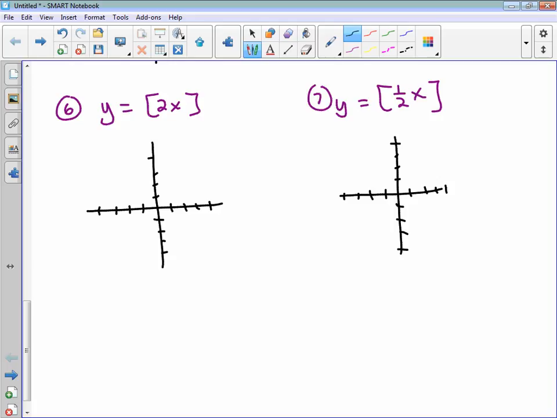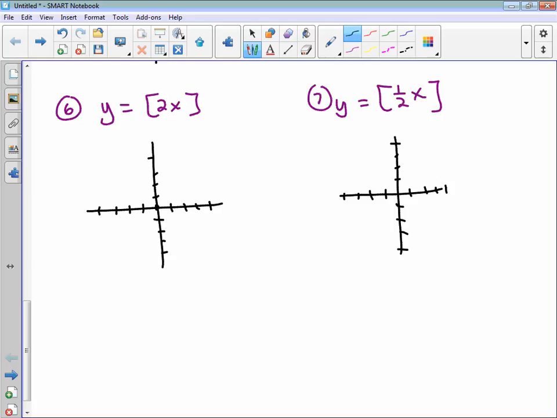So when it's inside, what do you think it's going to change? Horizontal. Yeah, horizontal. So it changes the length of your little steps. Now, remember, inside is always the opposite of what it seems like it should be. Like if it says x plus 3, we go left 3. So when it says 2 times x, what do you think it's actually going to do? Half. Yeah, it's going to cut your little step in half.